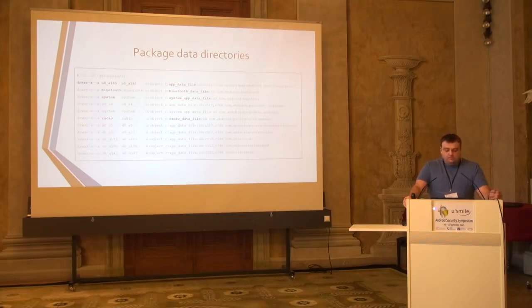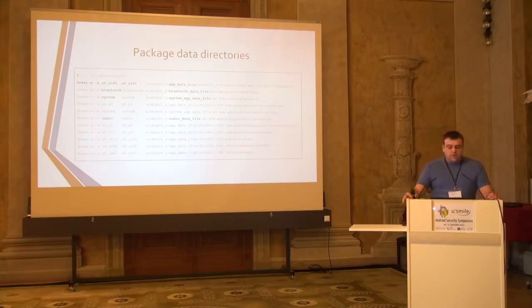But of course, if you look at the fourth column, which is the security context, the SE Linux security context of each directory, you can see that besides the user and group, each directory has a dedicated SE Linux type.